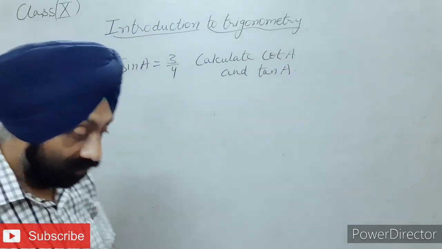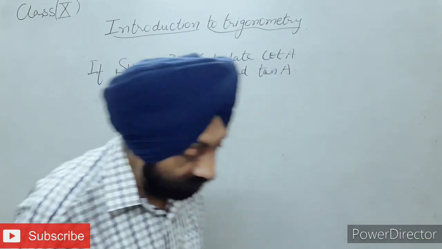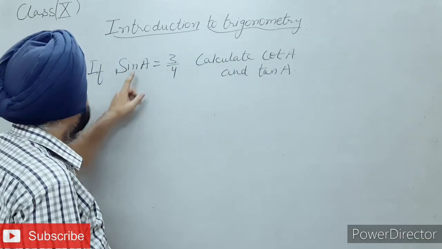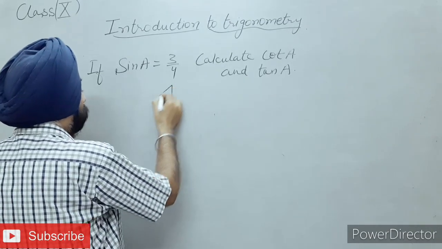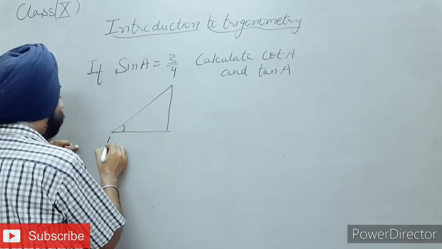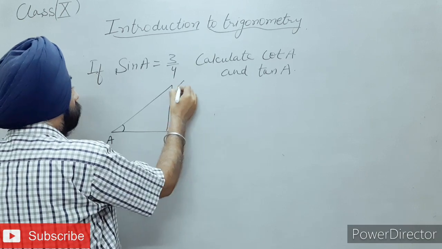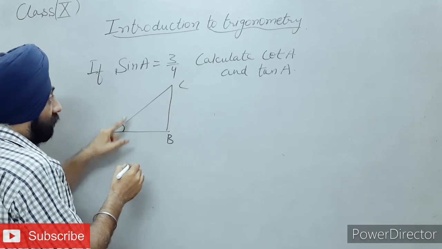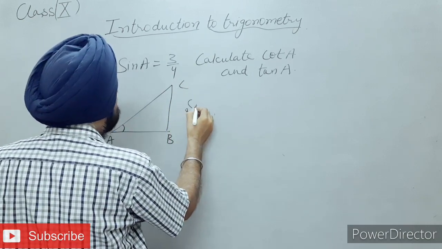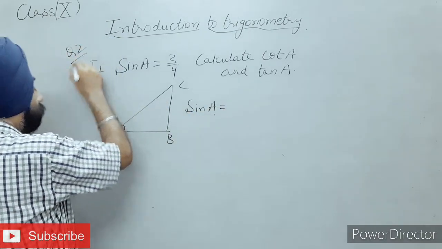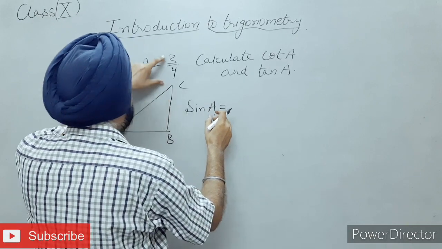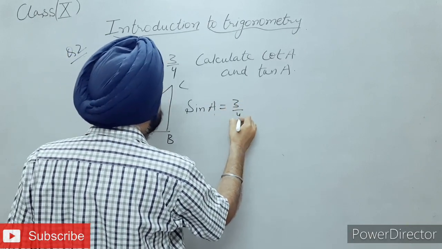Right? Now we can draw right angle triangle. Sine A is 3 by 4. Let me draw it. This is angle A, B, C. Sine of A is given to me as perpendicular, that is 3 upon 4.